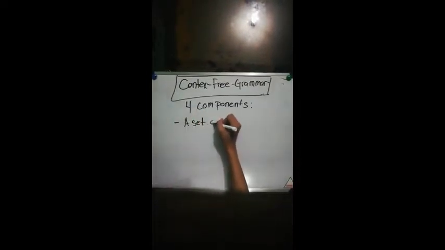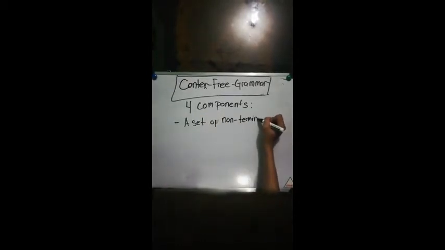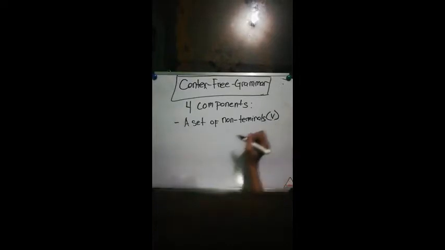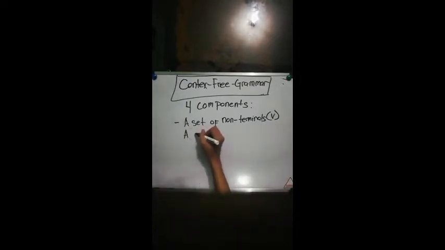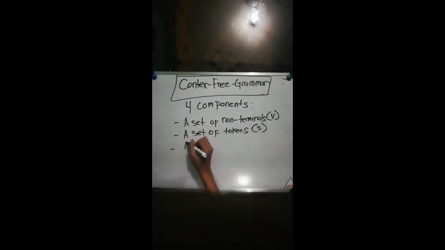Next is a set of tokens, known as terminal symbols. The symbol is sigma. Terminals are the basic symbols from which strings are formed. The next one is a set of productions.